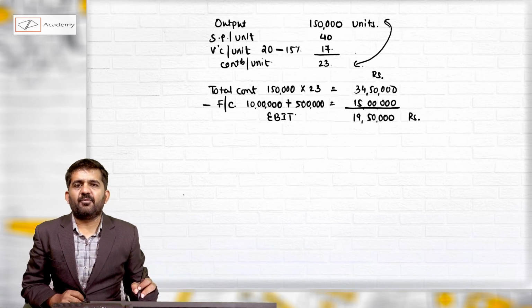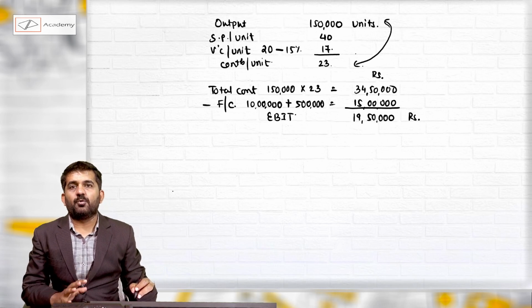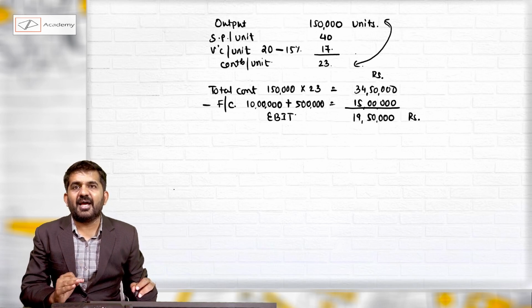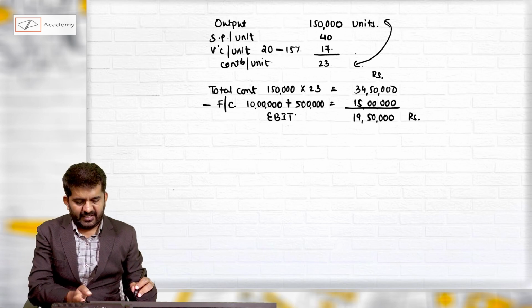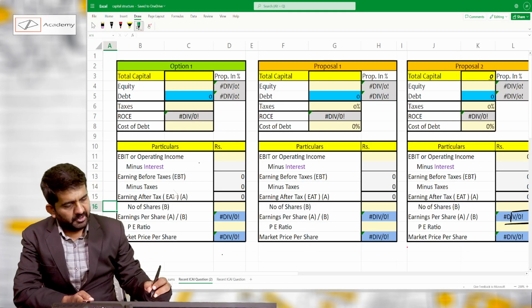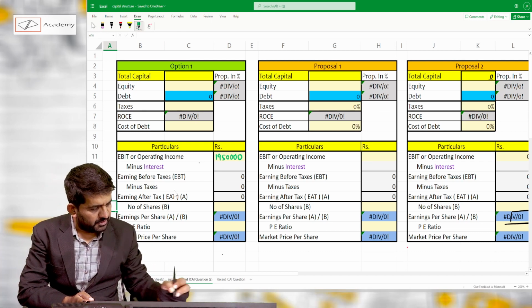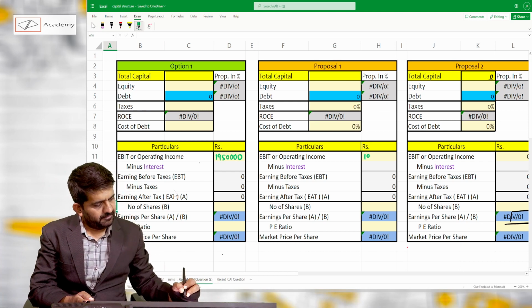Please understand whether I go for option 1, whether I go for option 2 or whether I go for option 3, my EBIT is going to remain 19,50,000. Let me go to my Excel sheet, put in EBIT of 19,50,000 in all the cases.